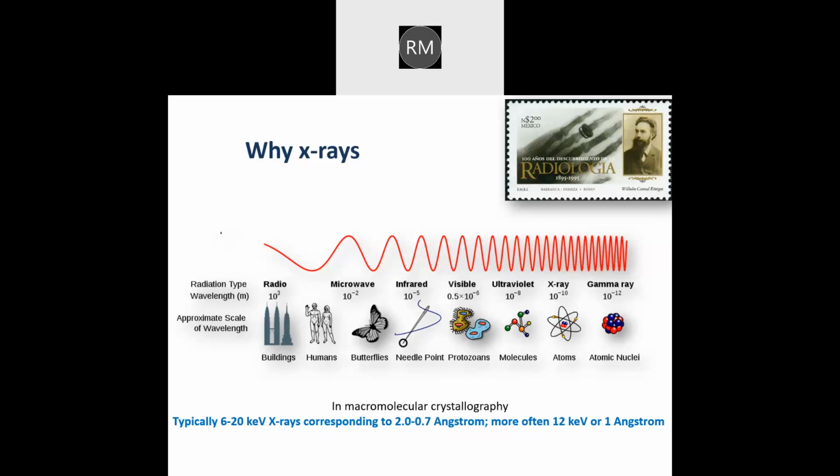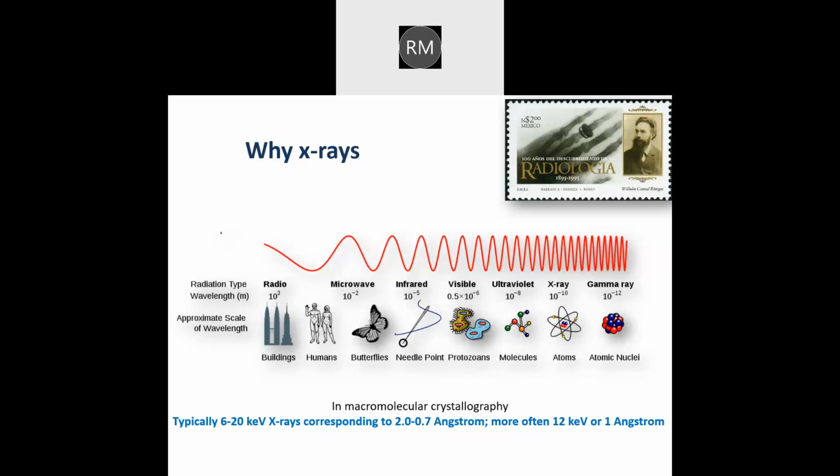By far the discovery of X-rays is considered one of the very important discoveries. The first Nobel Prize in 1901 or so was given to Roentgen for the discovery of X-rays.